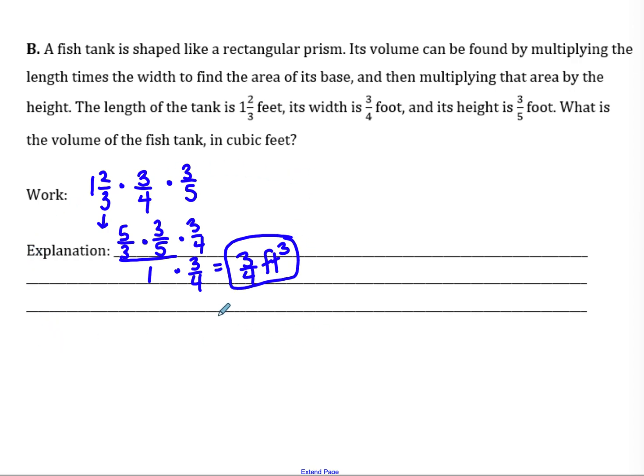And then I'm just going to write my explanation underneath here because I kind of did my work on top of the lines. Okay, so what properties did I use? Here, I'll put this.